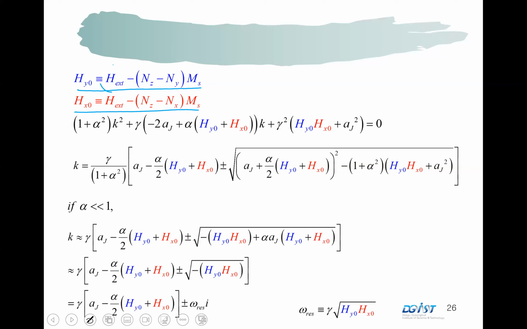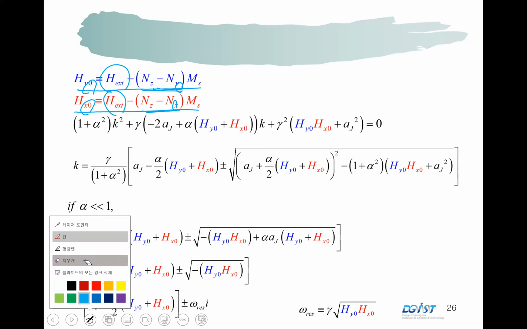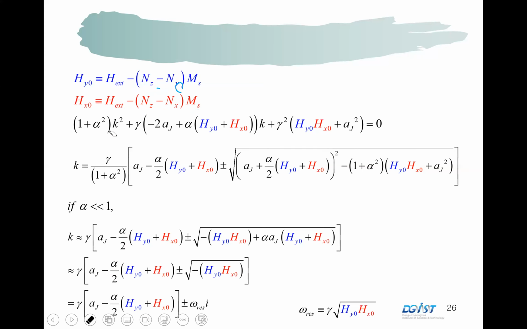This is H external minus a combination of the Dirac field, Gy and Gx. That's why I put X here and Y here, because we think about the Dirac field. So we can write down the above equation with this definition. It looks much simpler.